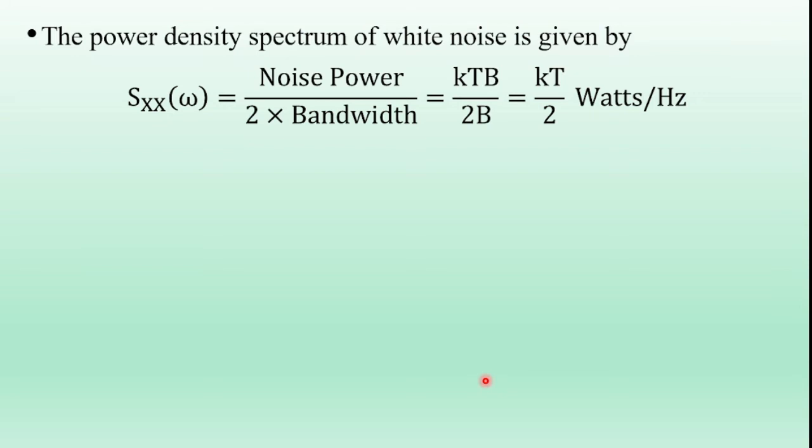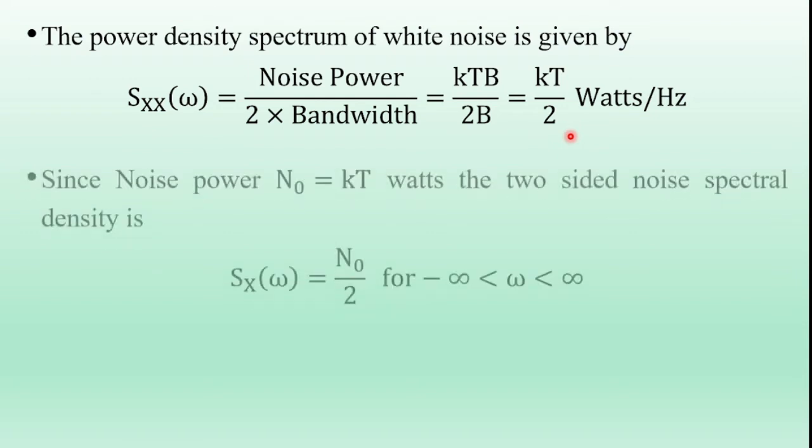The power density spectrum of white noise is given by Sxx of omega equal to noise power divided by 2 into bandwidth. But we know that the noise power is k into T into b. So in numerator and denominator the bandwidth cancels, and the remaining expression is kT by 2 watts per Hz.